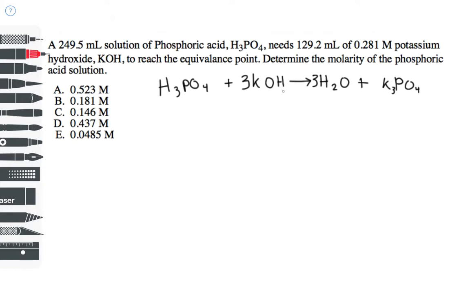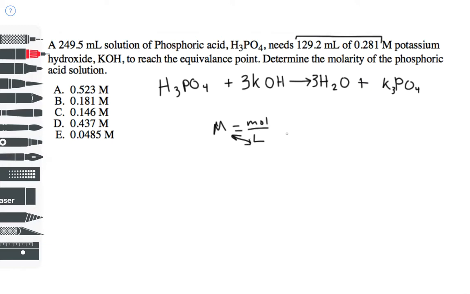All right, so that's balanced. Now that we've balanced it, we can find the moles of potassium hydroxide using this equation, the capital M molarity equals moles over liters. So we multiply these two to get moles.